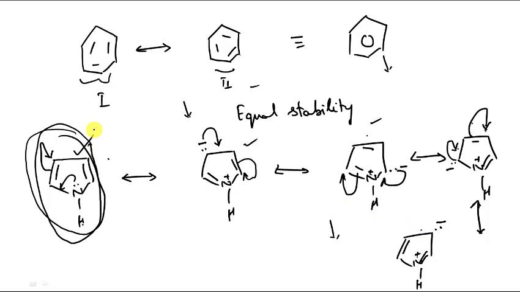All other structures have separation of charges, and that one makes the major contribution towards the resonance hybrid, whereas in case of benzene there are two structures of equal stability that contribute towards resonance hybrid. That's why these five membered heterocyclic compounds are less aromatic than benzene.